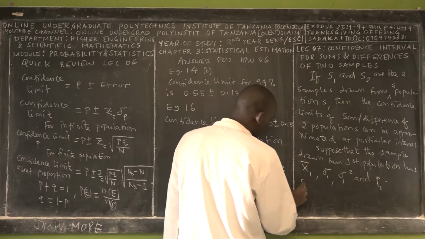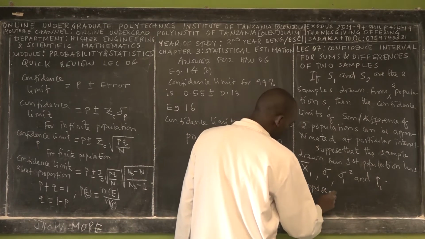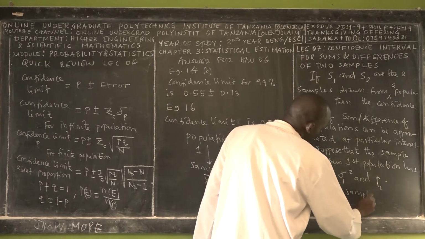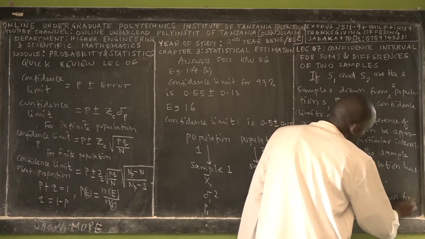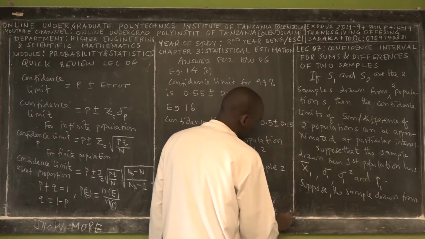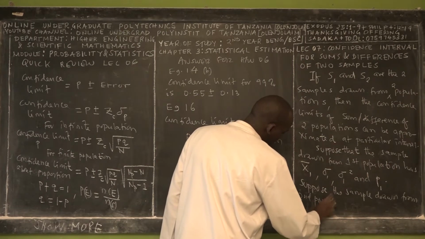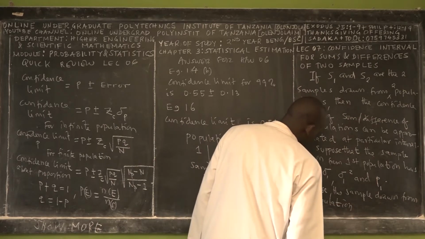Then again we say that suppose the sample drawn from the second population has statistical parameters.